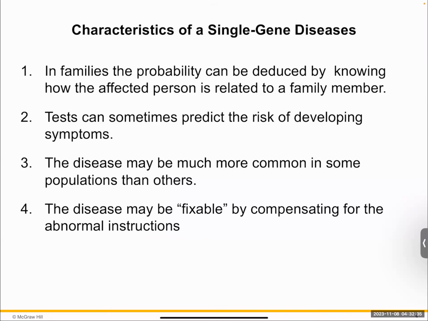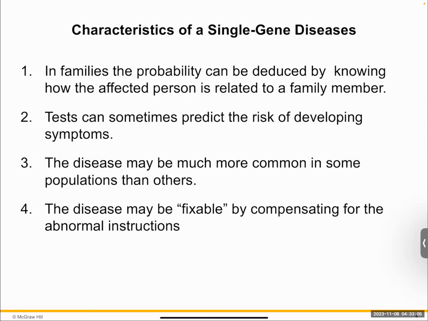Now, a characteristic of a single gene disease, again, we're talking about one gene in your entire genome that gets modified or mutated, and that mutation causes the disease. So with single gene disease in families, the probability can be deduced knowing how it has affected the person. And again, we'll expand on this as we look at the Punnett square.